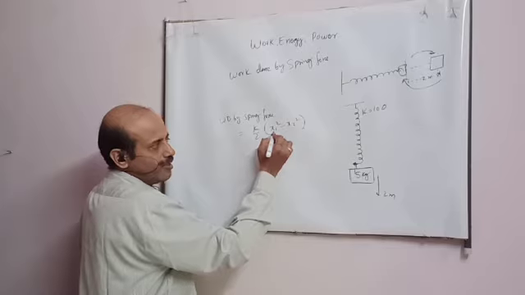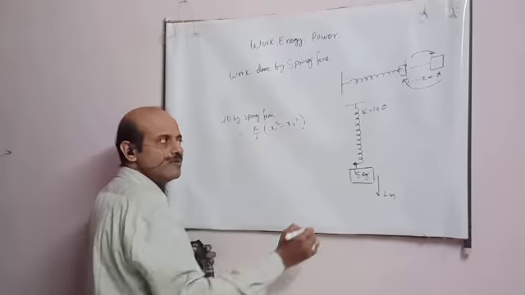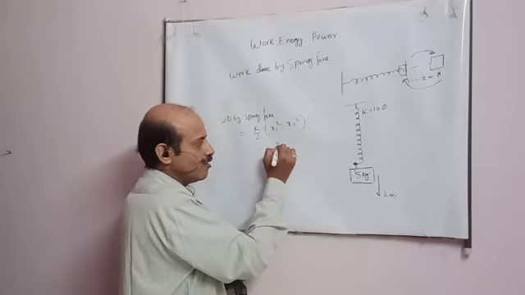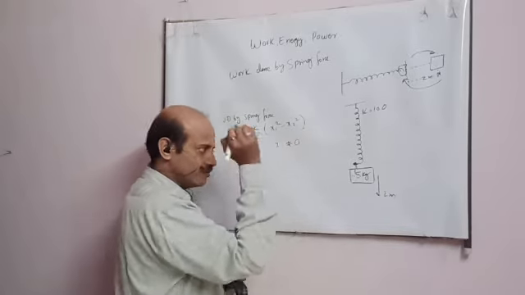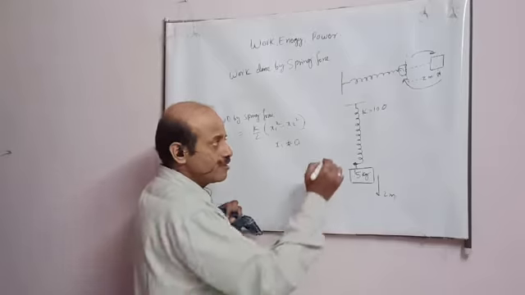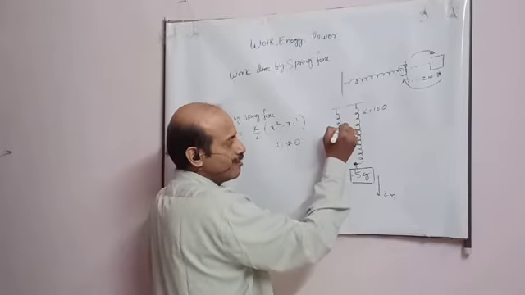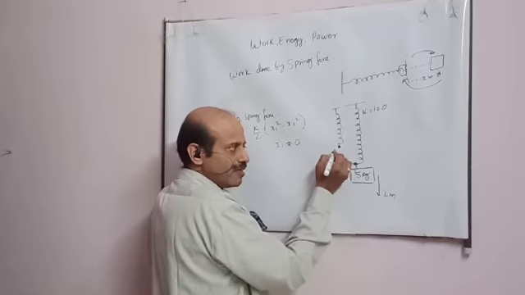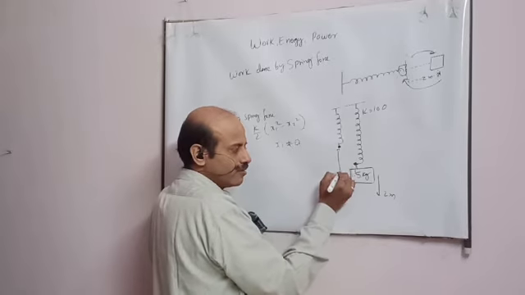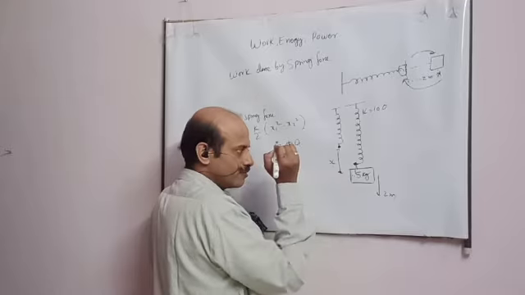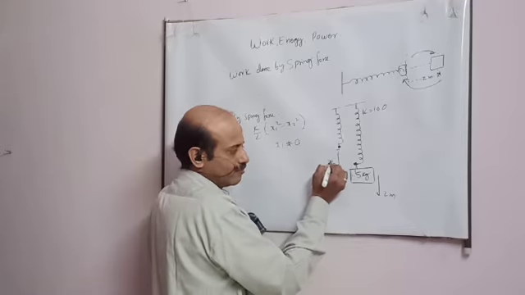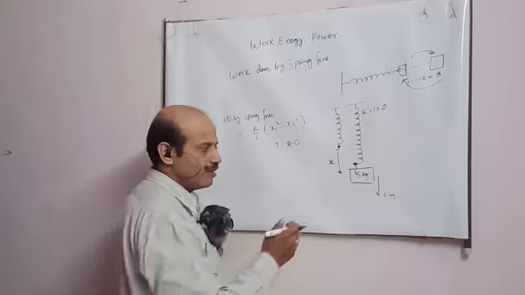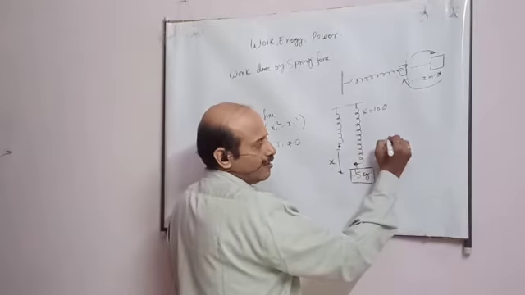But here remember, student, this is not the initial position, this is not 0. This is the mistake students make. Remember this is not 0 in this case, because this spring has some different original length. When this block was attached, from here it elongated up to here, say it is x. This x, you can know, student, by the FBD.